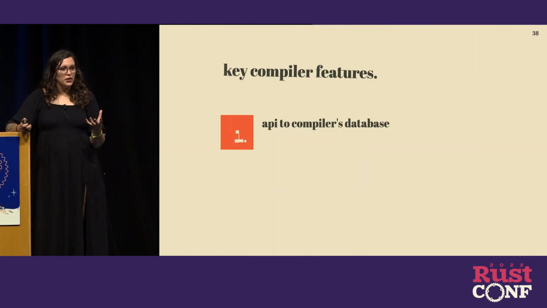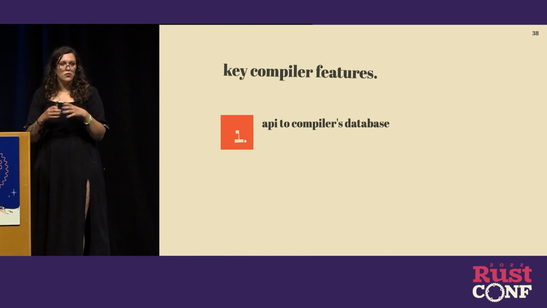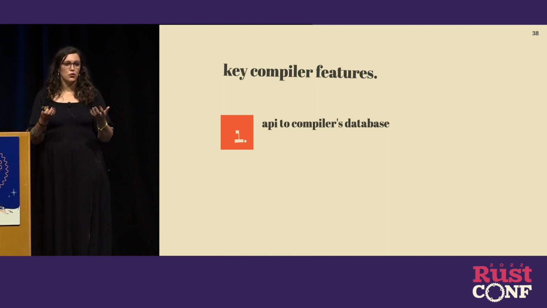And so one of the features of the compiler is to provide a really ergonomic and easy to use API to this database. It is incredibly important to have something that's ergonomic and done well. But while it's ergonomic and done well, it is also performant.